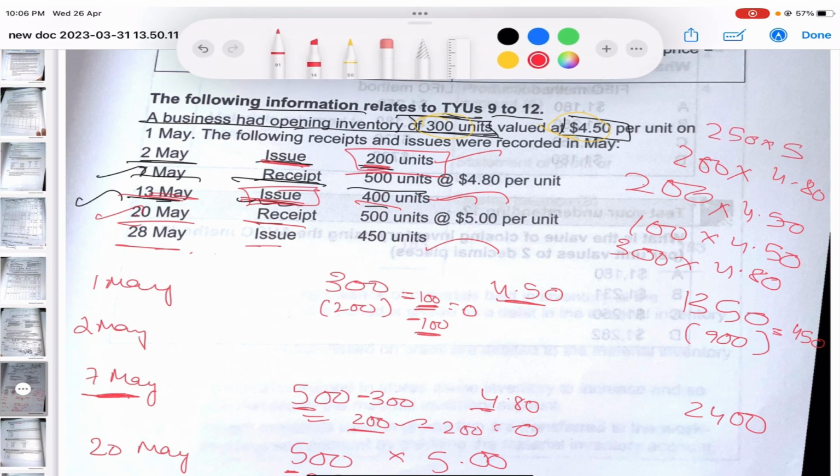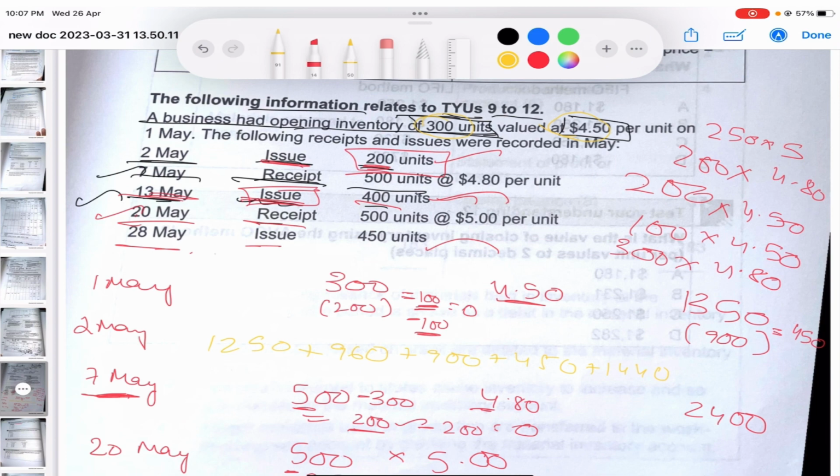So when I add all this, 200 multiplied by 4.50, 100 multiplied by 4.50, 300 multiplied by 4.80, 200 multiplied by 4.80, and 1250.